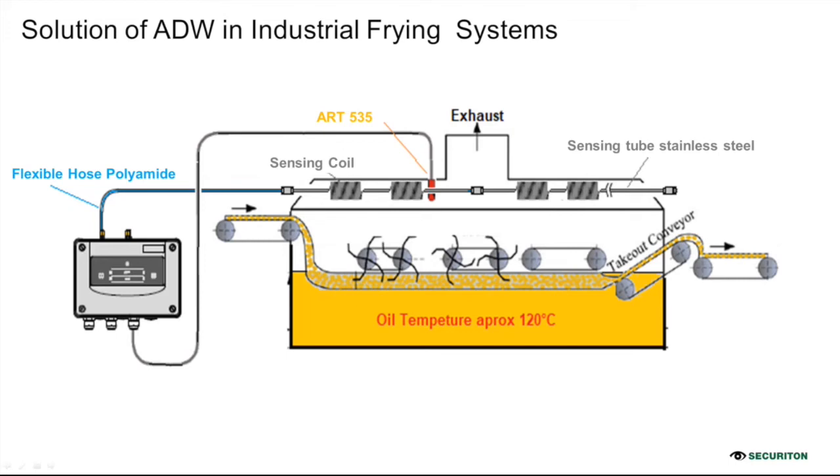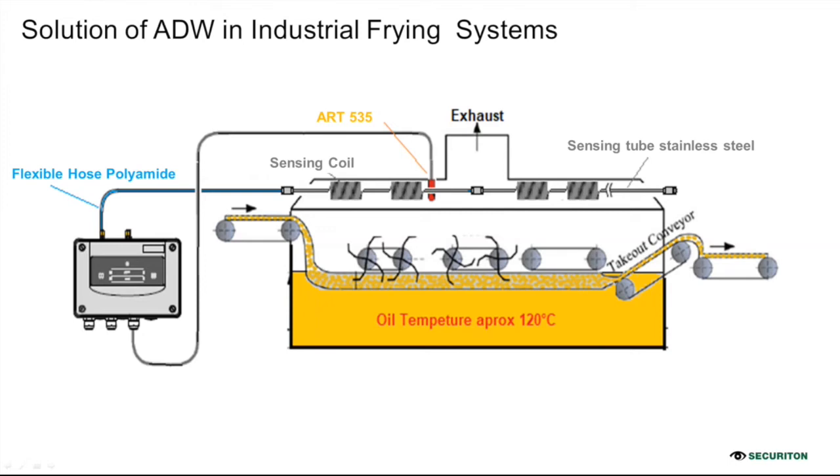There's a conversion between this flexi hose reel and the sensing coil, and eventually we will have a number of coils inside. Our sensing coil comes with approximately 5 to 10 meters, and this gives you a large area of coverage inside the chamber where the oil is being run or placed, and the earliest detection possible can be achieved as well.